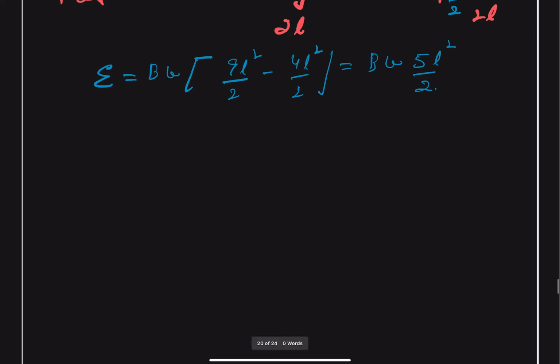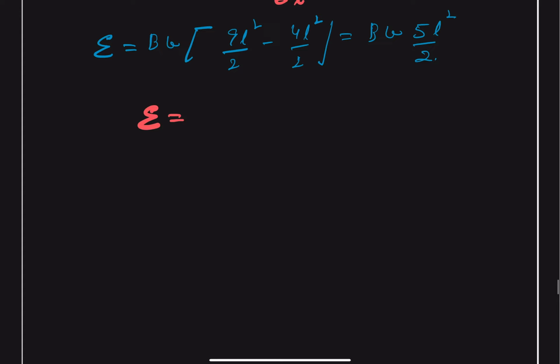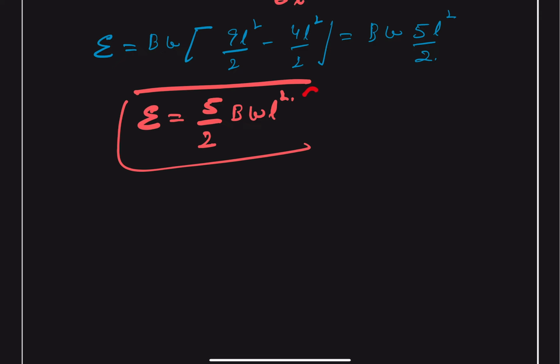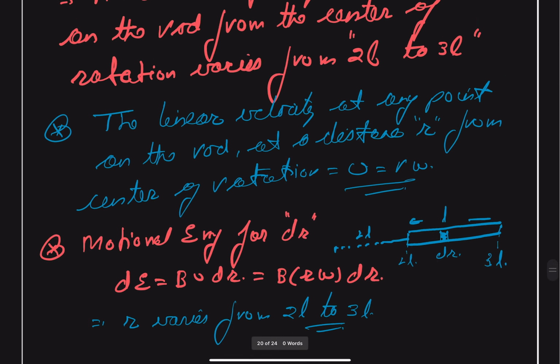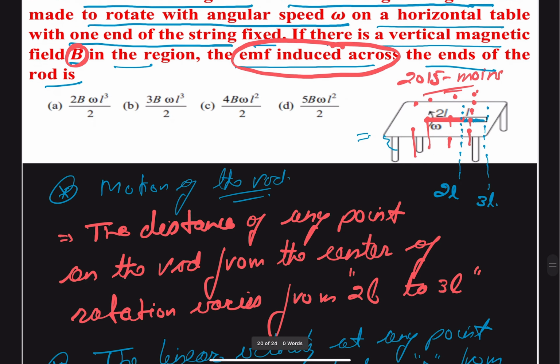So the induced EMF will be equal to 5/2 B omega L square. So option D is the correct option.